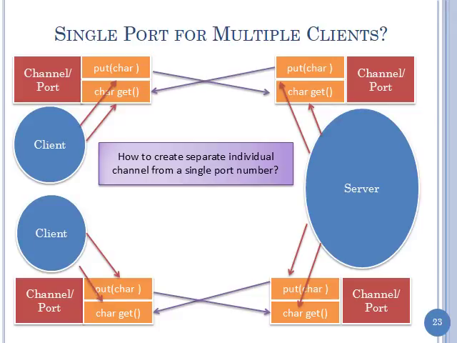Okay, so we have on the right a server that's talking to multiple clients. So we want each channel or each communication to be private. So that server needs multiple instances of this object. Okay, so how to create multiple instances is what we looked at.